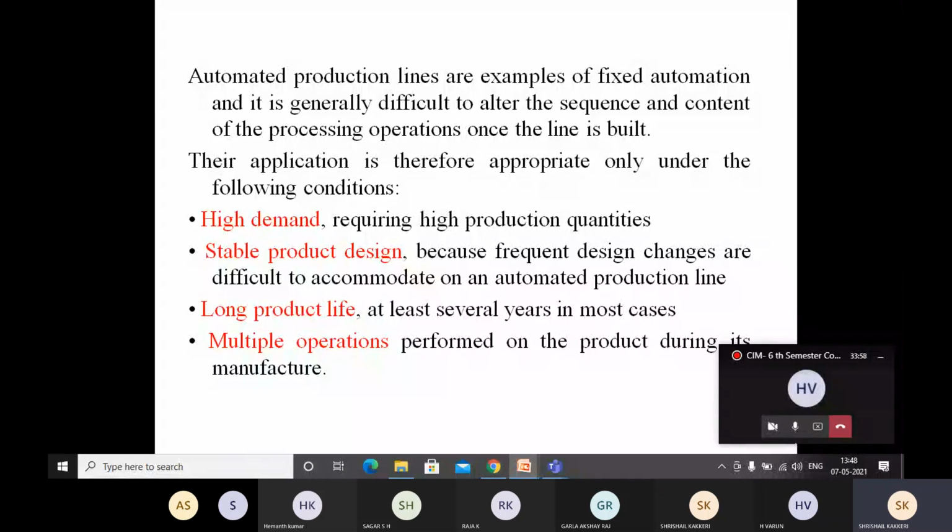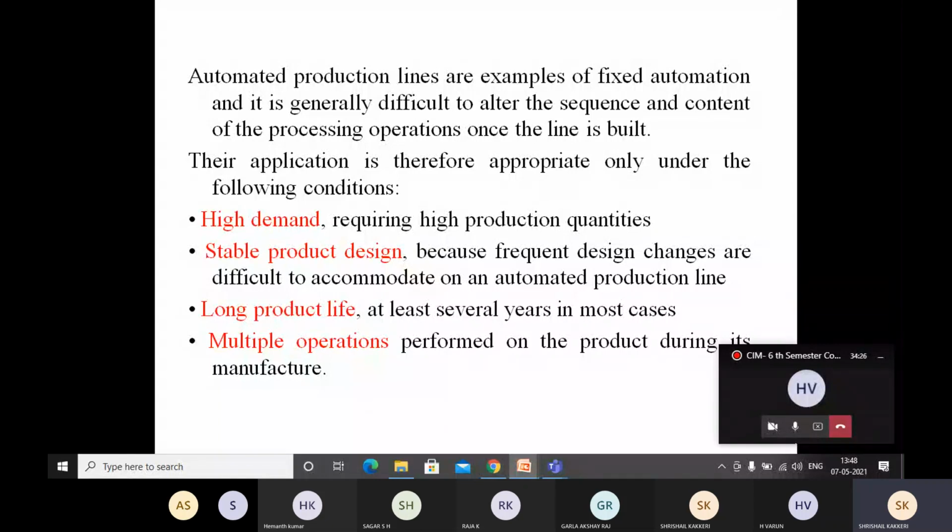It is generally difficult to alter the sequence and content of processing operations once the line is built. As I told you, in fixed automation, all the sequences and operations will be definitely defined in the beginning only, before you go for the automation. If you want to make any changes to the system, it is not possible because it is hard automated. I mean, it is fixed automated.